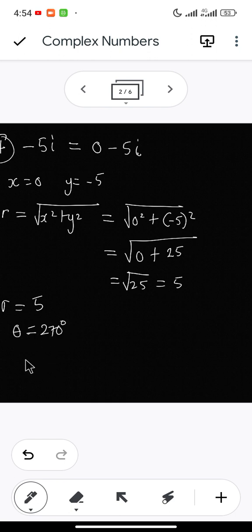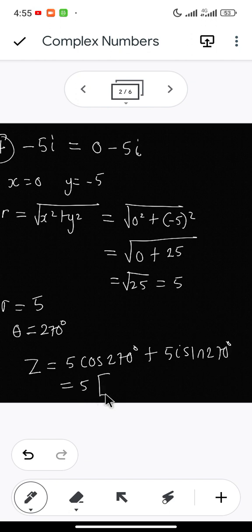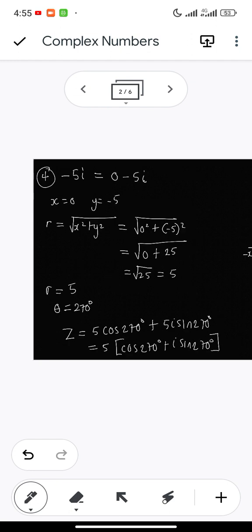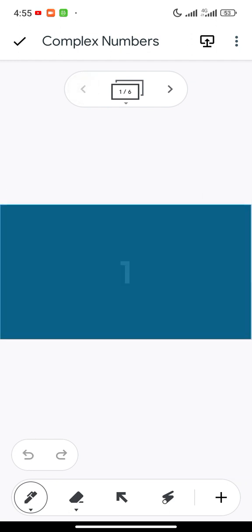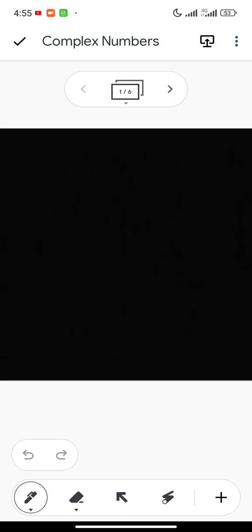So your polar form is going to be 5 cos 270 degrees plus 5i sine 270 degrees. Or you can simply factorize. Now we're meant to stop here, but let's take one more example of one of these special cases.